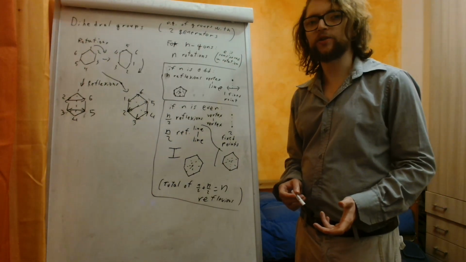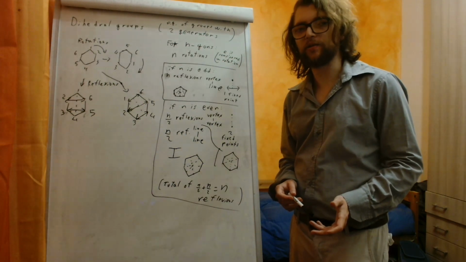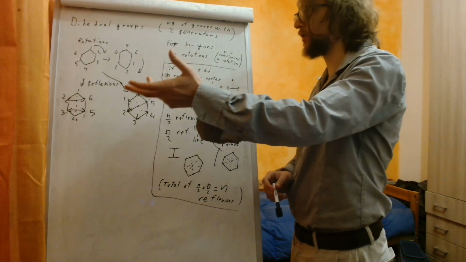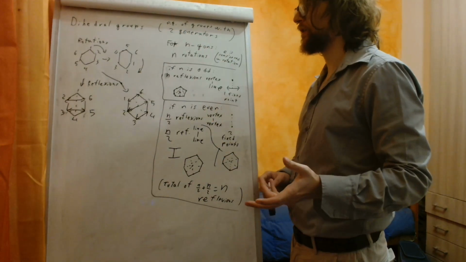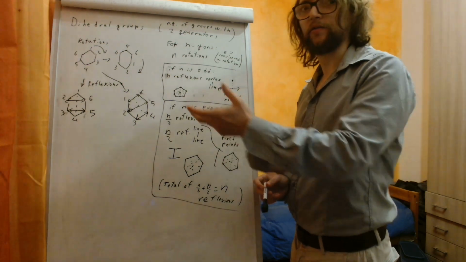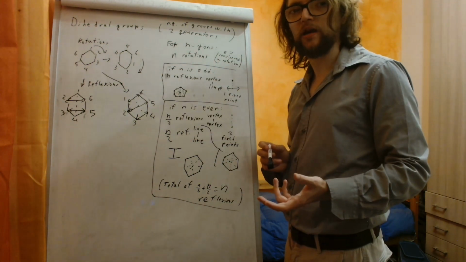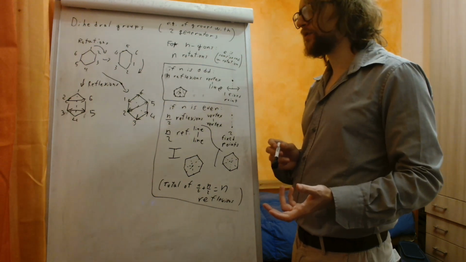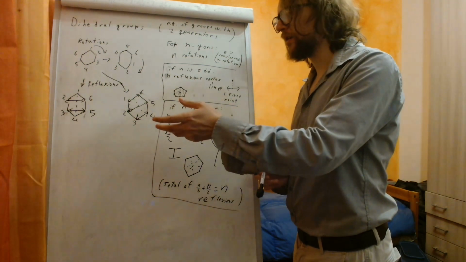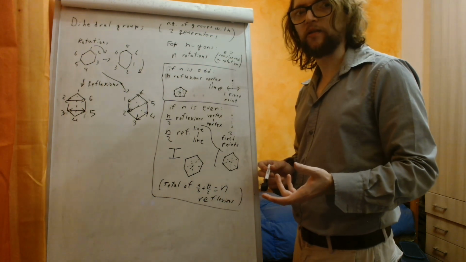So what's so special about rotations and reflections? We know that rotations are quite special because they don't change the order of the vertices and they don't even change the reciprocal distances between the vertices. Do reflections, by the way, change the distances between the vertices?